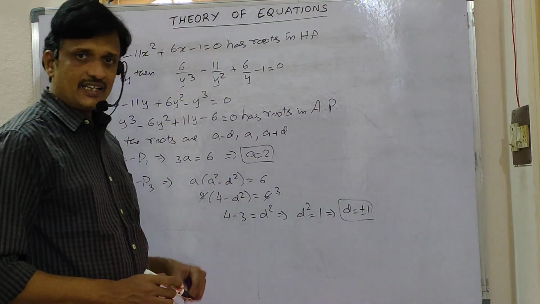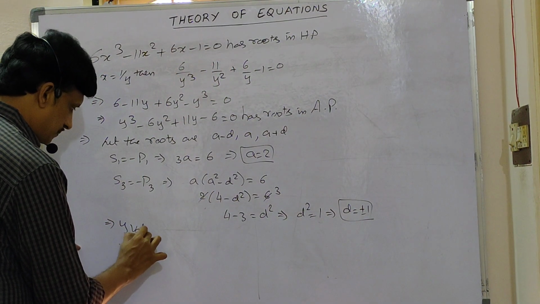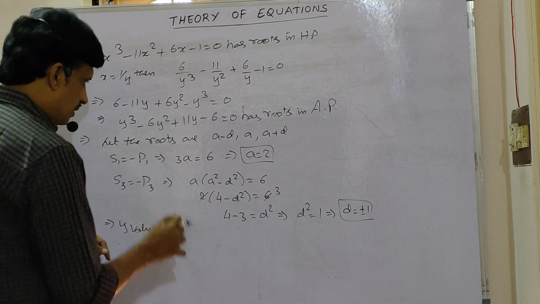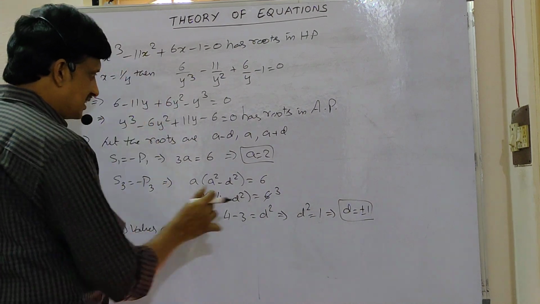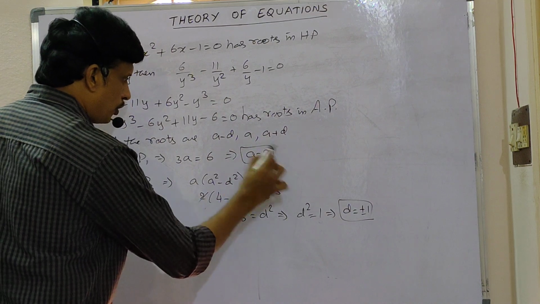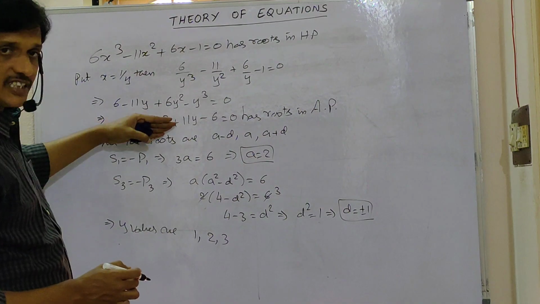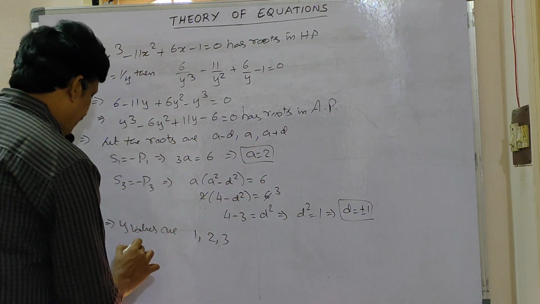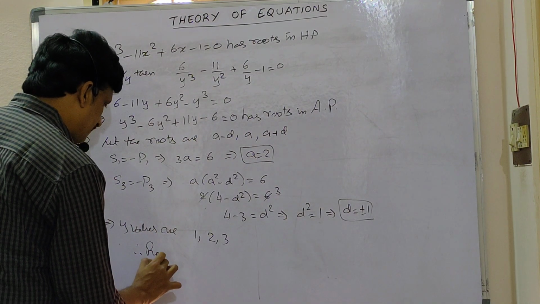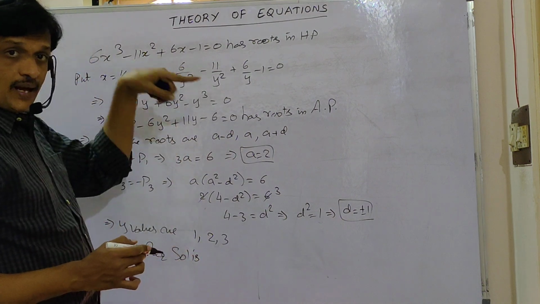So by taking d is equal to 1, y values are a minus d, that is 2 minus 1, 1, 2, 2 plus 1, that is 3. Y values are 1, 2, 3, roots of this equation which are in AP. Therefore, required solution is x is equal to 1 by y.